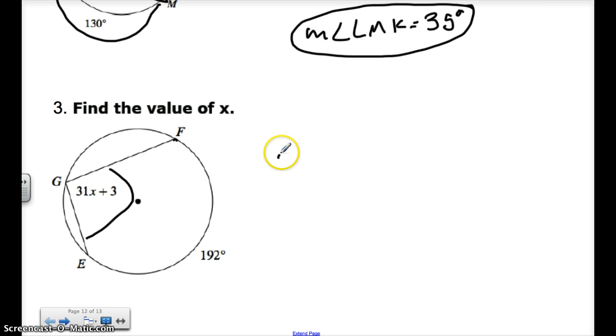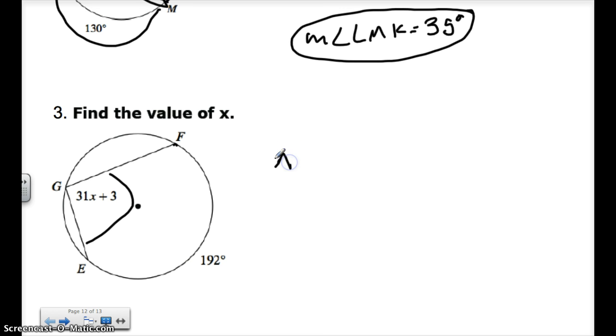So the arc is equal to 2 times the angle, right? That's the formula we learned.